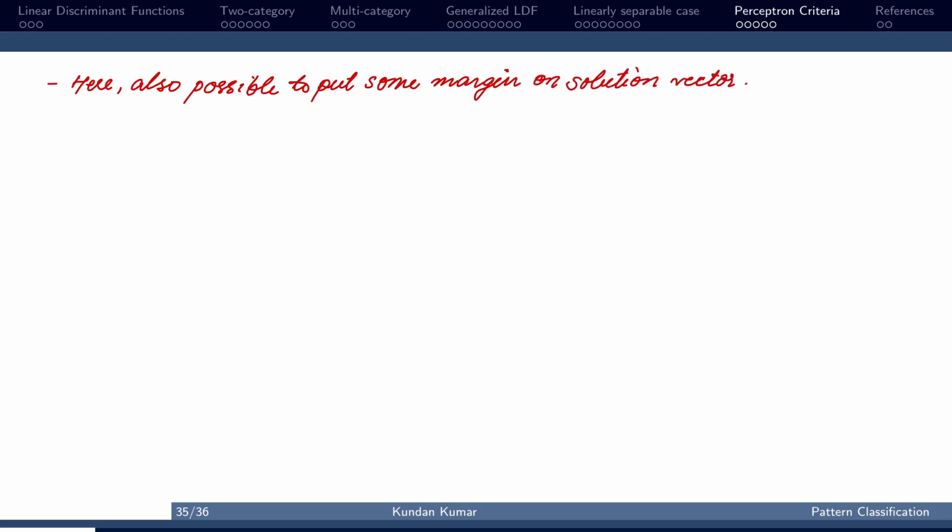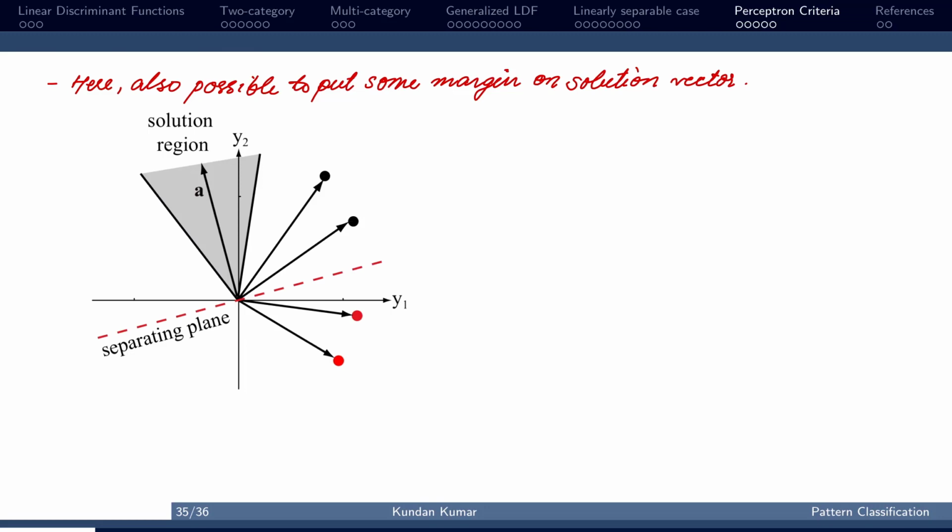Okay, now let us analyze this figure. Here we have samples from two different classes and we have the separating plane. We can have other separating planes as well, something like this or this.